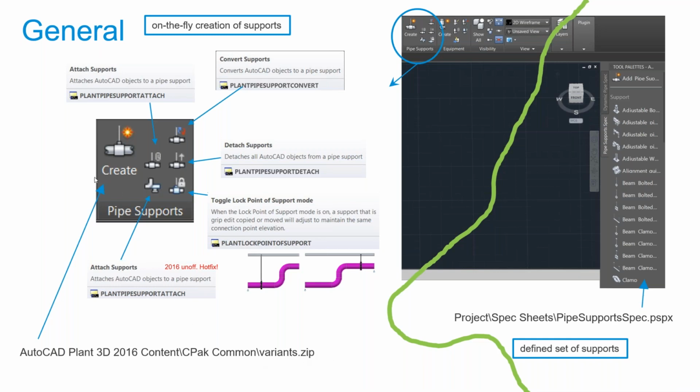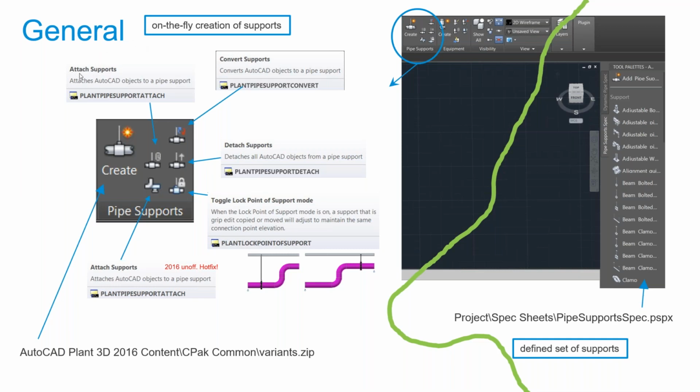That's a difference. In the spec you can have a selected set of supports, but if you click this create on top, it will always show you all the supports that are in the variants zip. That means all the templates for supports available in Plant 3D.